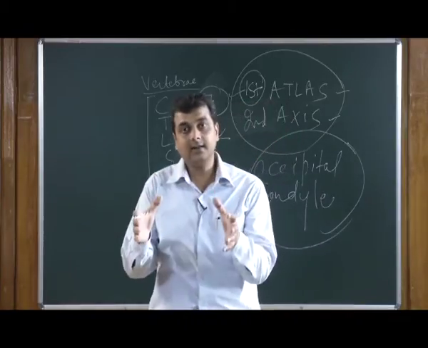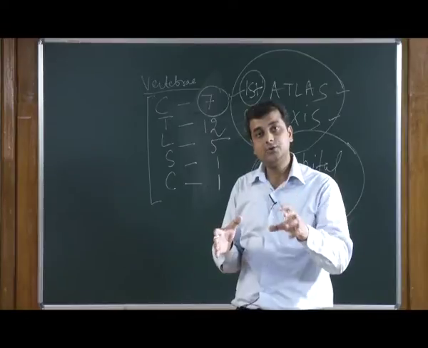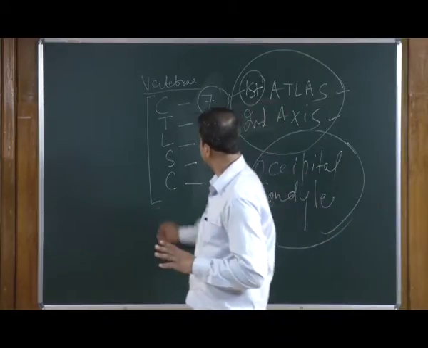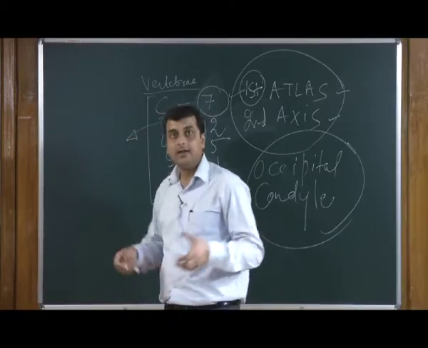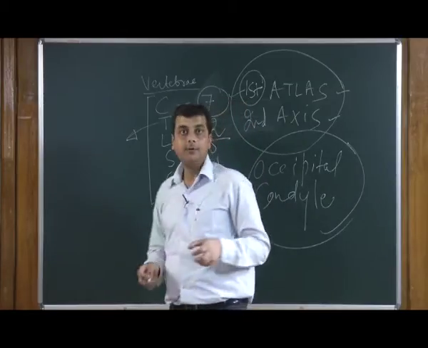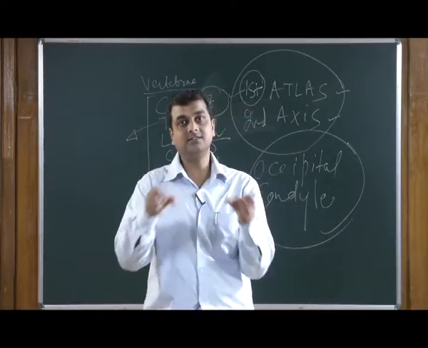An important aspect of the vertebral column is that the thoracic vertebrae give attachment to the ribs. We have 12 thoracic vertebrae, and the ribs attach to them.